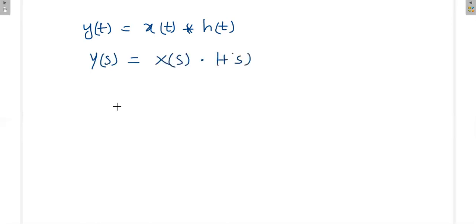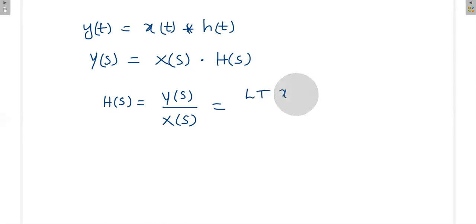So that means the system transfer function h of s is equal to y of s divided by x of s. Y of s is the Laplace transform of y of t, and x of s is the Laplace transform of x of t.